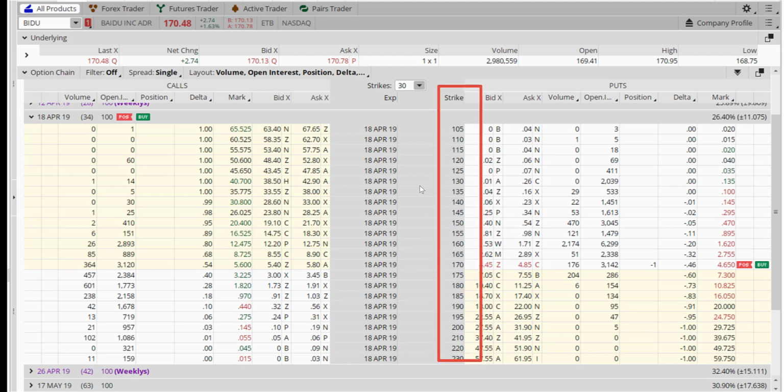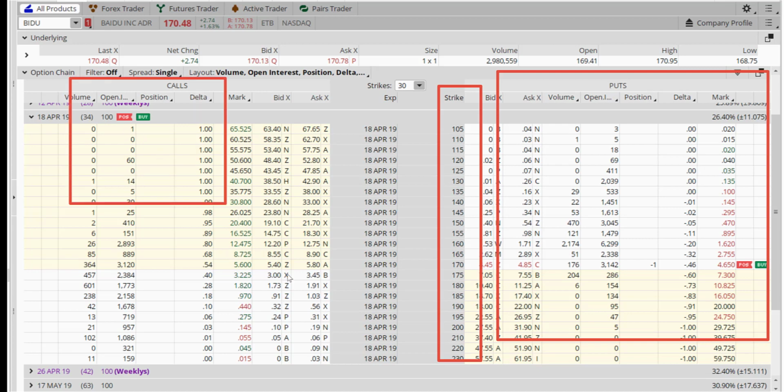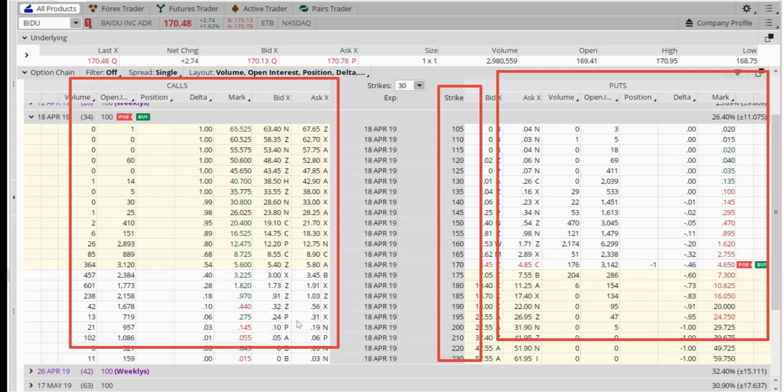As you can see, this is a Baidu share and the strike prices are listed right in the middle. The area on the right side shows the puts. The area on the left shows the information about calls. This is pretty much standard in all broker platforms. Right side they show puts and left side they show calls.